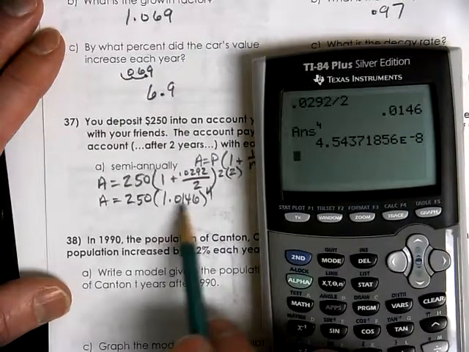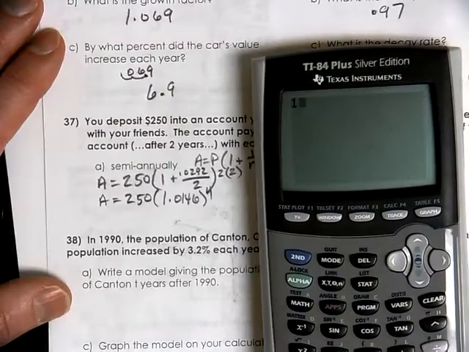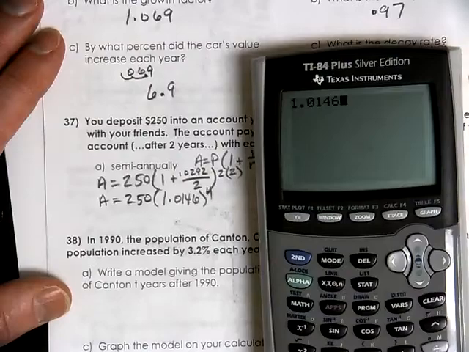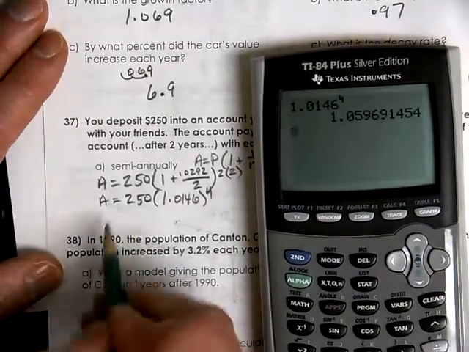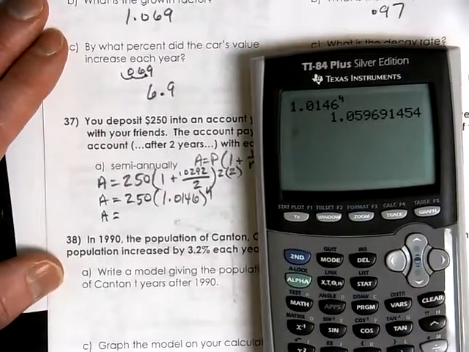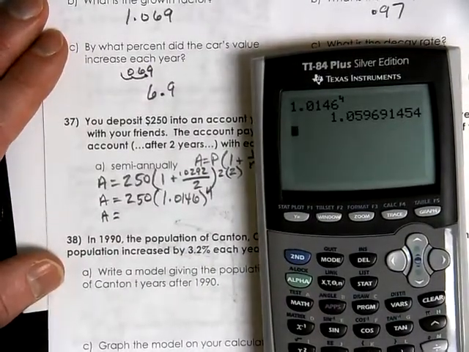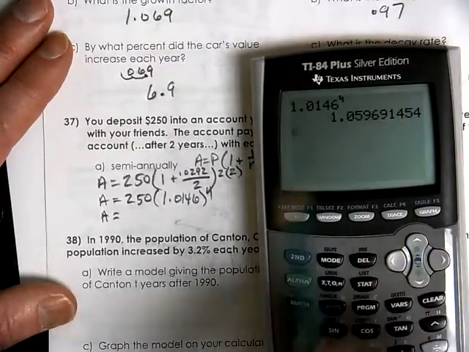Well, actually, I didn't do the 1. That didn't work. So we have 1 plus the 0.0146, and we get to raise that to the 4th power. That looks better. I knew that this was a growth factor, so I knew that my value had to be greater than 1.